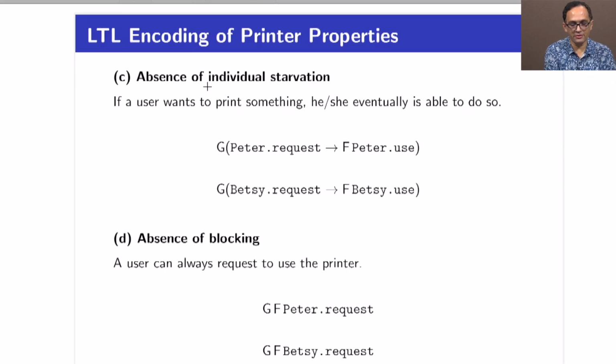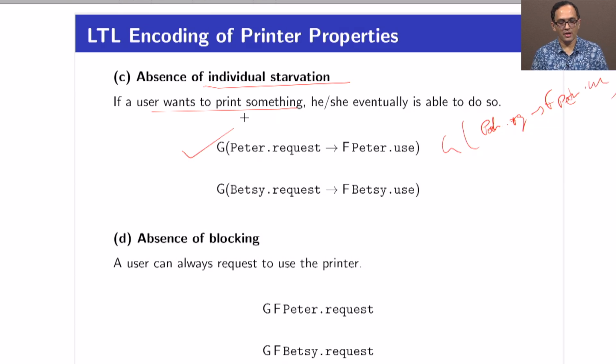Now individual starvation, what I am saying is that if Peter requested, Peter requested implies in future Peter will get the access, Peter dot use, and this is globally true, right? This is what I have written here, that if Peter requested something, he is eventually able to use it, and similarly for Betsy.